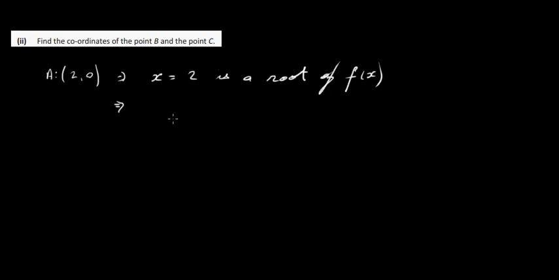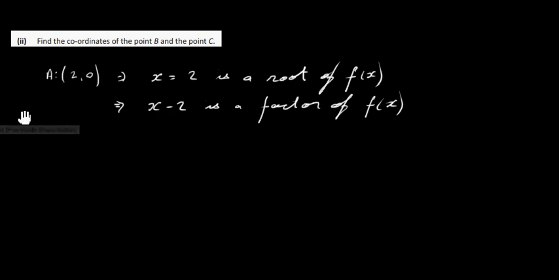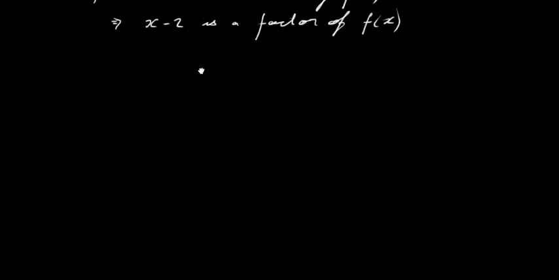So by our factor theorem, that means x minus 2 is a factor of f of x. So what we can do in fact is divide this into our function. That will give us our other factor.